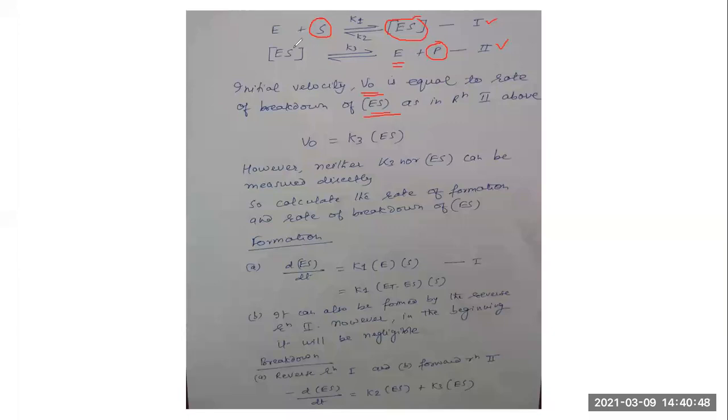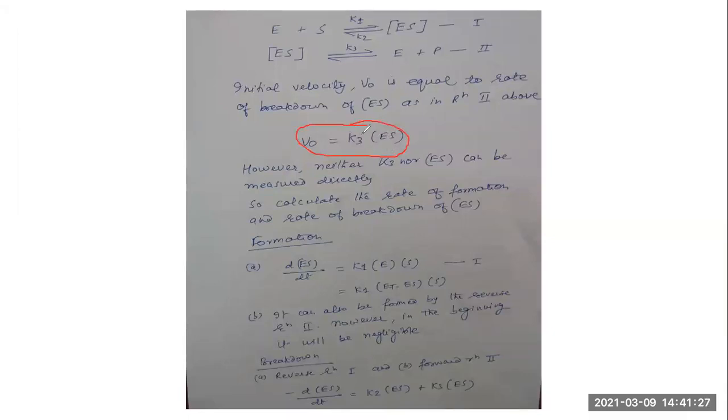ES breaks down in reaction 2 to give you E plus P. So V0 can be given by V0 equal to K3 times ES.